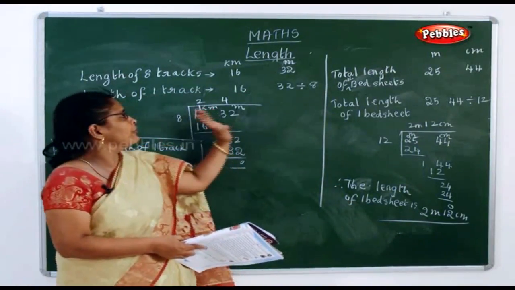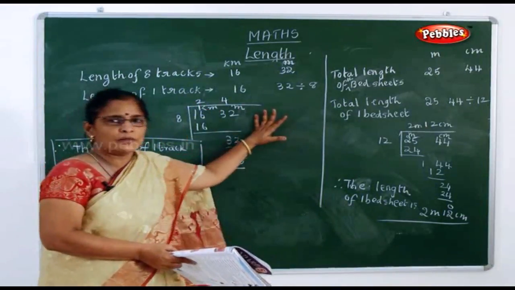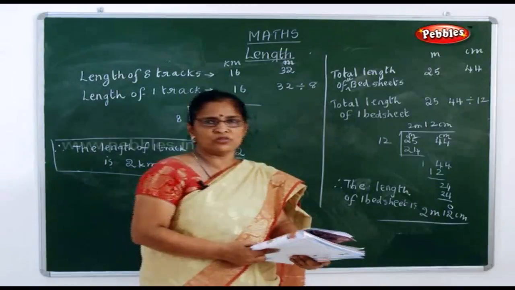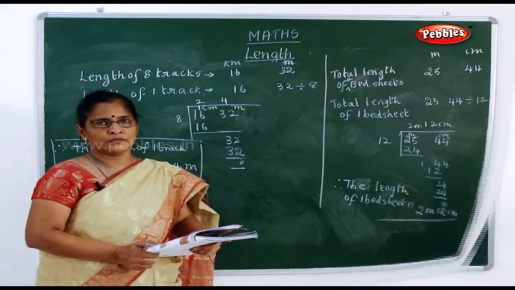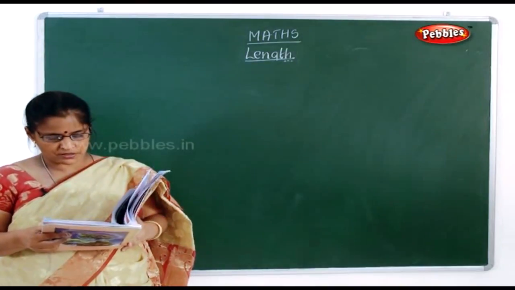So this is how you have to do your statement problems, your normal problems of addition, subtraction, multiplication and division. See, the first sum given in your book is practice time.